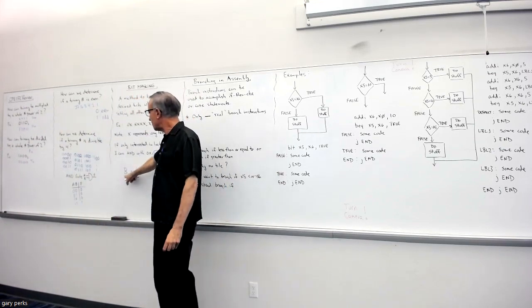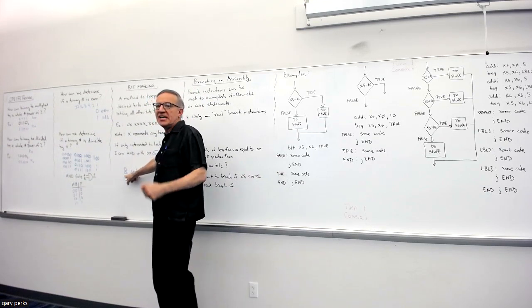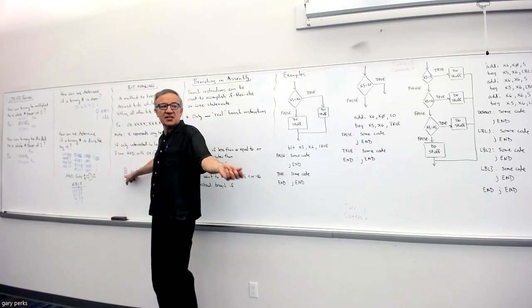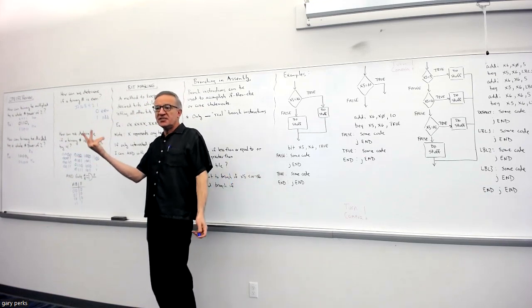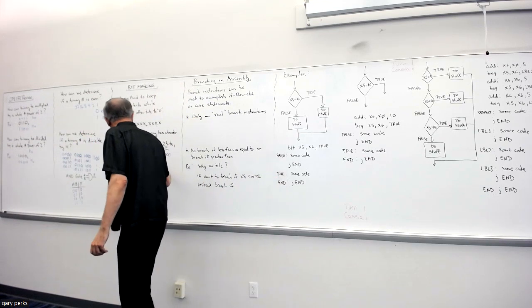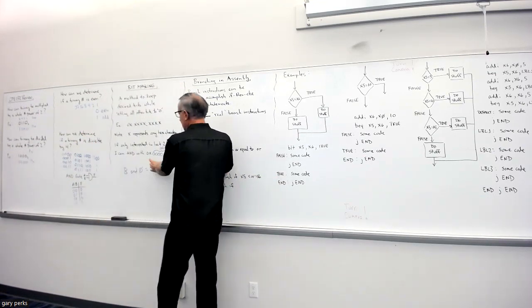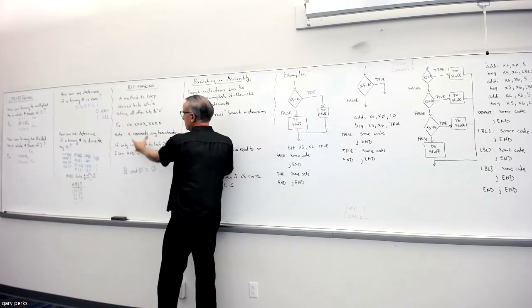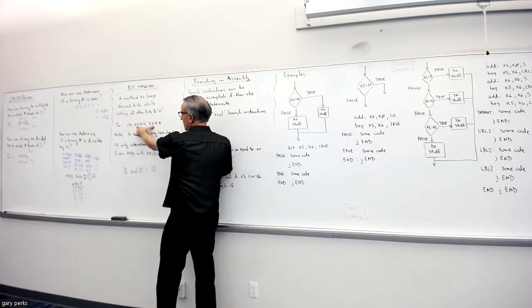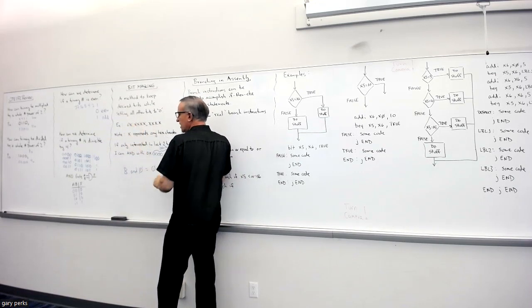Because it doesn't matter whether that bit is a 0 or 1. If I AND a 0 or a 1 with a 0, it's going to result in a 0, because I need 2 ones to get a 1. So by ANDing these 28 bits that are equal to 0 with these 28 bits, that's going to make all those 28 bits equal to 0.